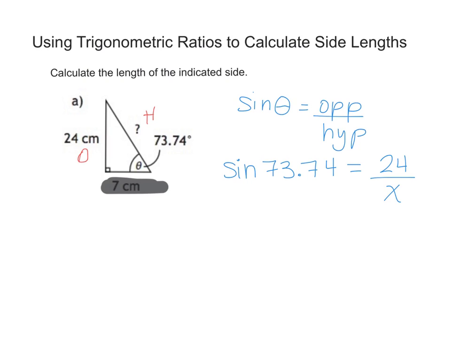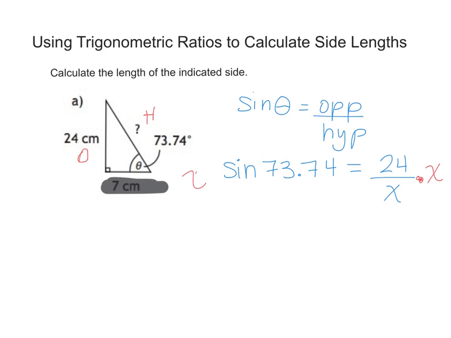And we did something like this on the first day. Or you guys did. I kind of came around and watched what you were doing. I want to get the X by itself in this equation. And basically with these simple trig equations, you're always going to do one of two things. This one, I'm going to multiply by X on both sides of the equation.